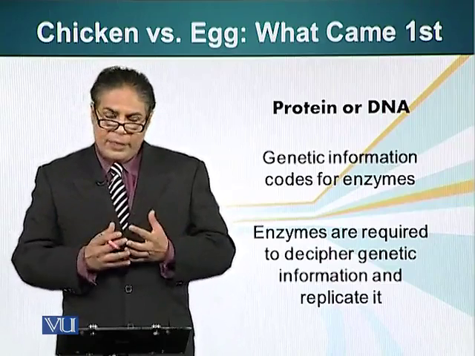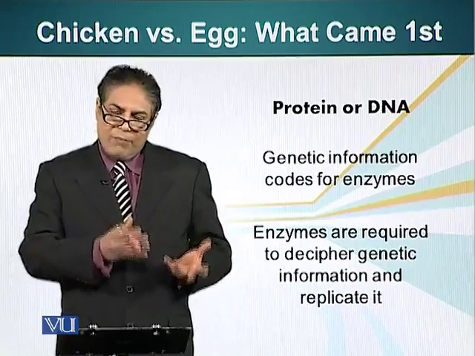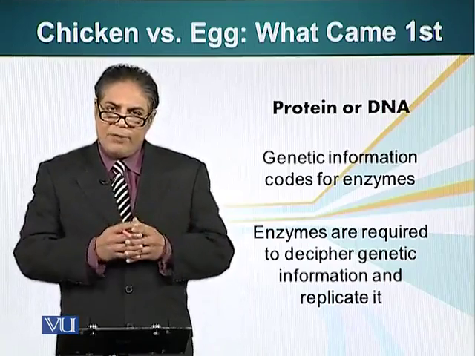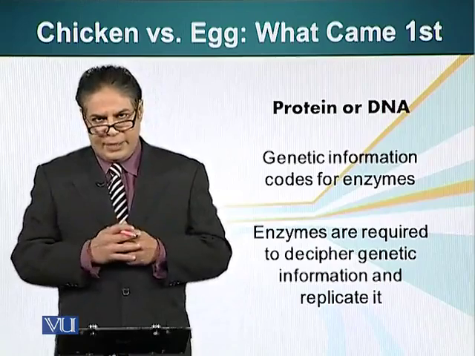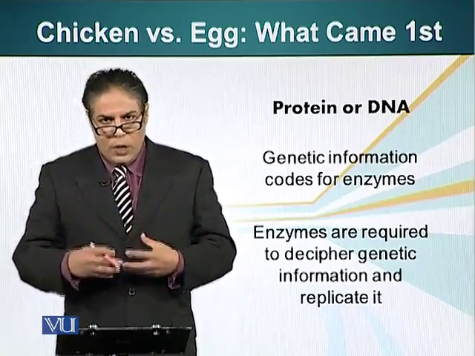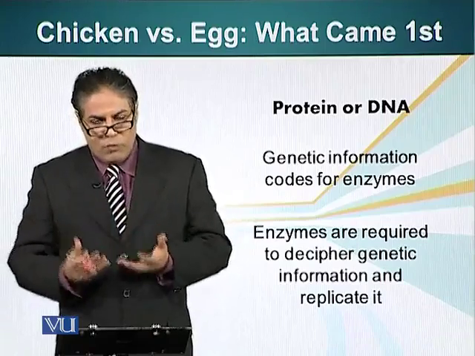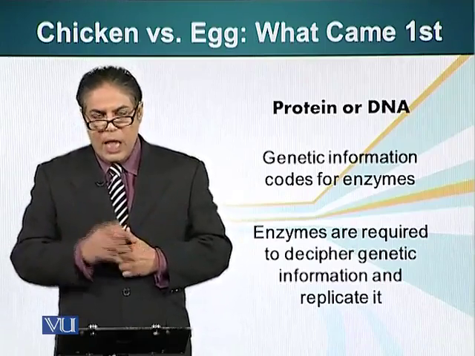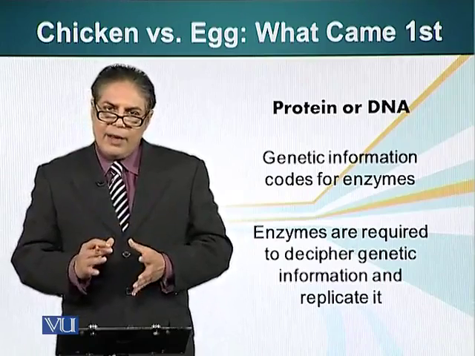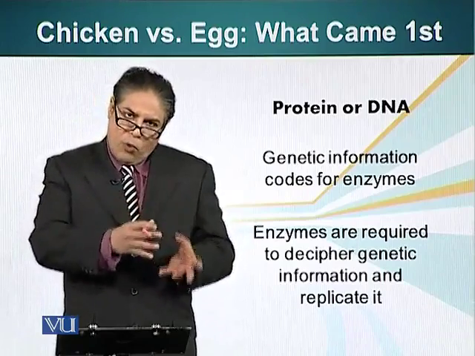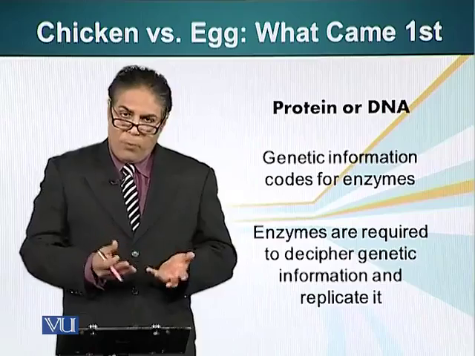But the dilemma here is what came first in evolution. If the DNA came first, it would not be able to replicate itself, or it would not be able to do any functional work without the presence of proteins. Proteins, on the other hand, need something to code for them, and DNA codes for proteins.